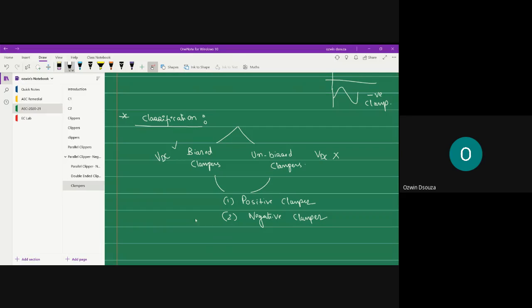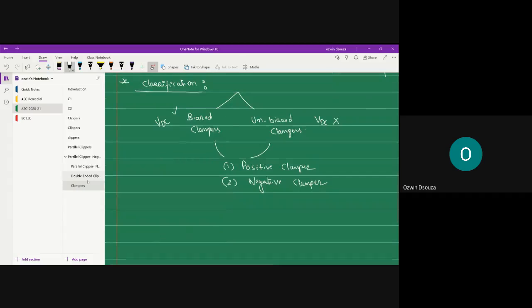When you do the analysis of a clamper circuit, it can be made on the basis of an ideal diode, or on the basis of a practical diode. Fine, let's jump into the analysis part.